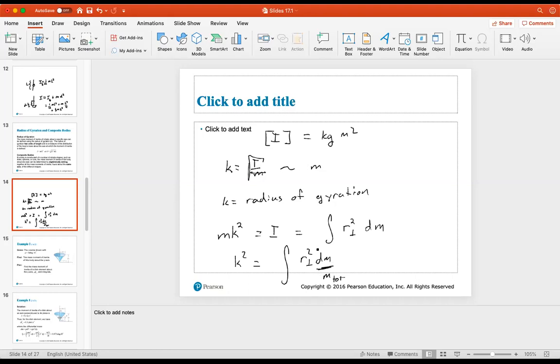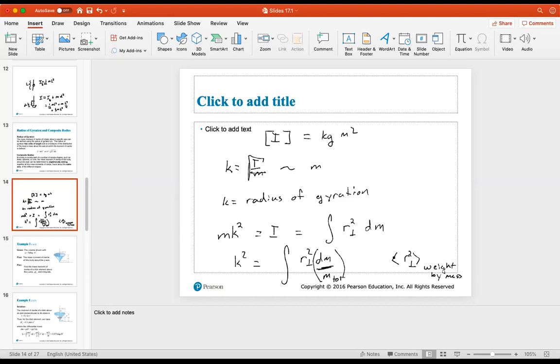You might remember in Physics 1 how I mentioned that you could think about the distribution of mass in the object. And in fact, you can think about k squared as the average value of r perpendicular squared, where you weight by mass.